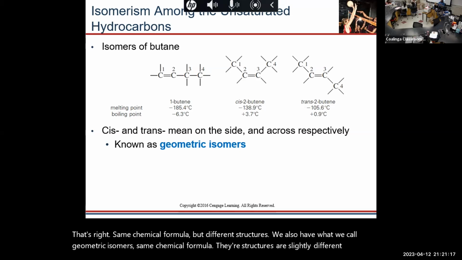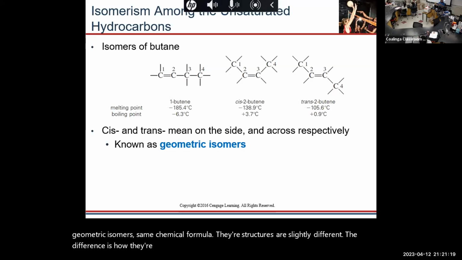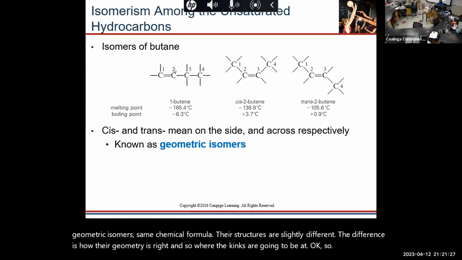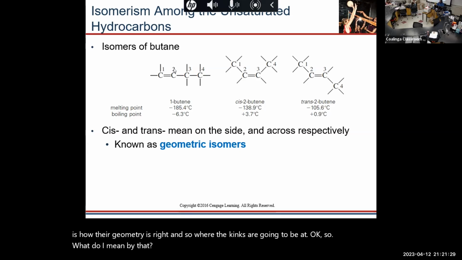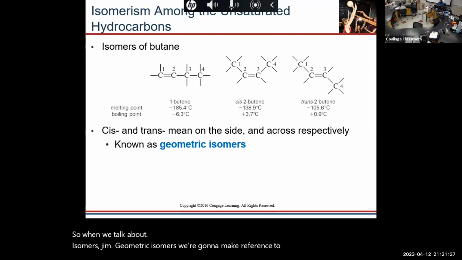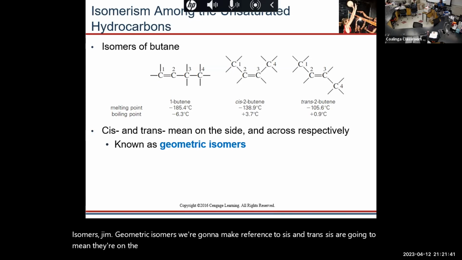The difference is how their geometry is, and so where the kinks are going to be. So what do I mean by that? When we talk about geometric isomers, we're going to make reference to cis and trans. Cis means they're on the same side. Trans means that they're across from each other.